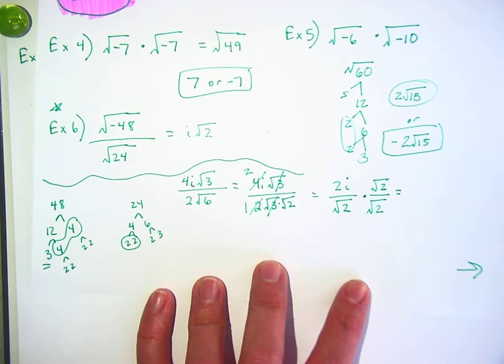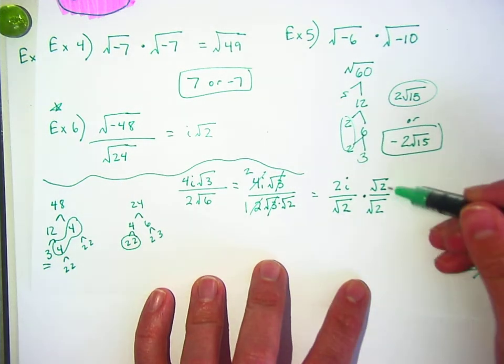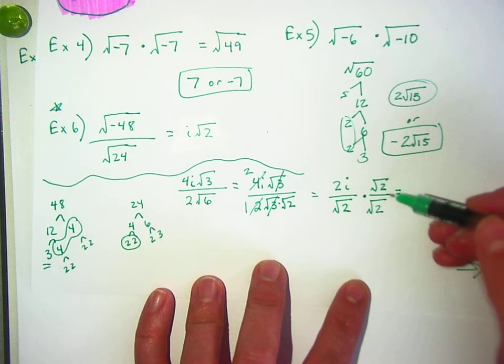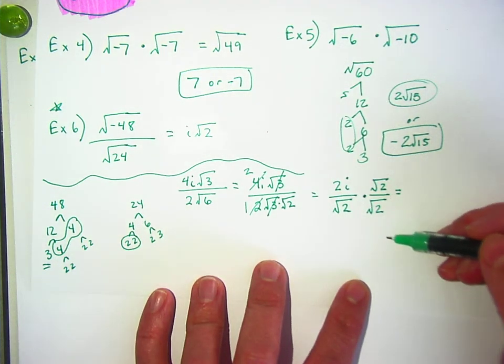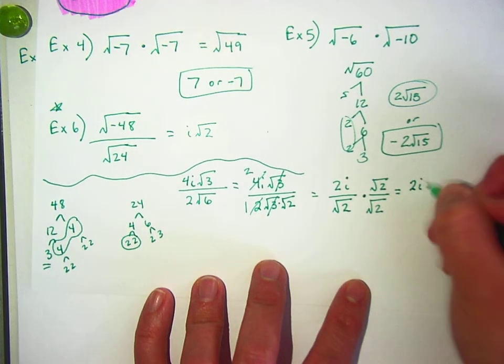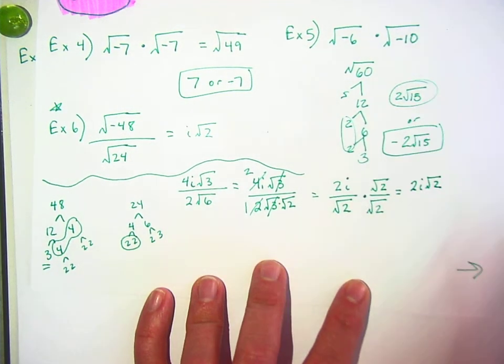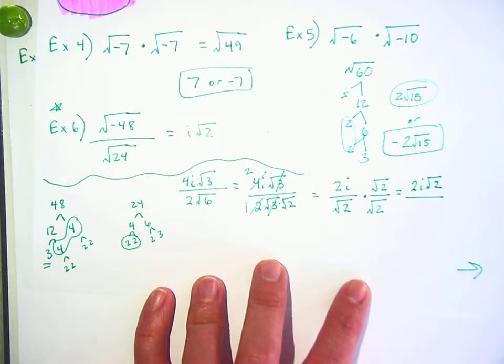It's constantly everywhere. So what you do to get rid of a square root on the bottom is I multiplied by the square root of 2 over the square root of 2, which is essentially me multiplying by what? 1, which I'm allowed to do. So I end up with 2I times the square root of 2 on the top. And on the bottom, what's the square root of 2 times the square root of 2? 2, right?